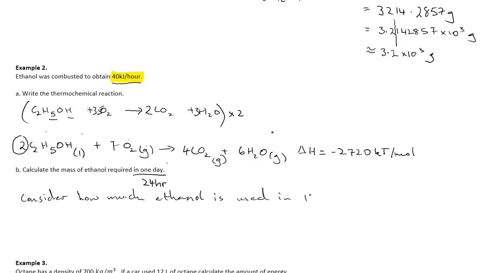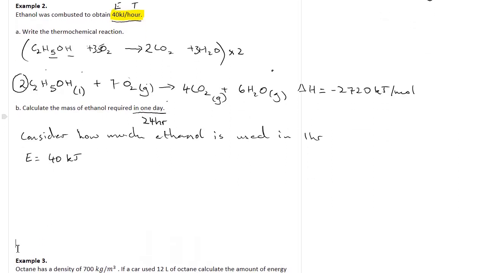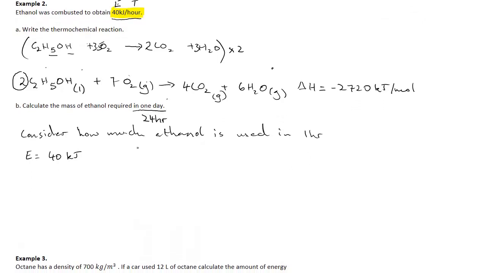There's 40 kilojoules of energy produced every hour, so energy equals 40 kilojoules. And we want to find how much mass of ethanol is needed. So we first need to work out how much ethanol is required per every hour.